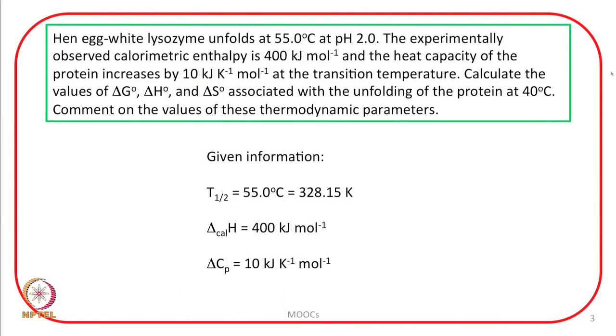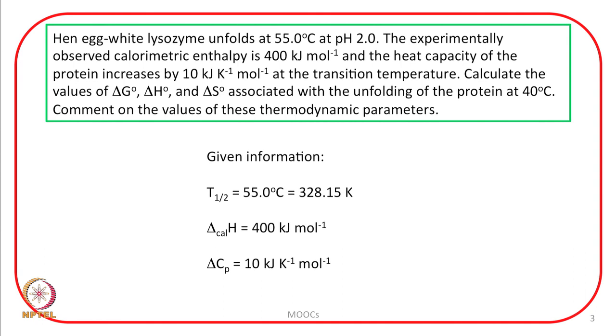The given information, we will look at this slide. T half is given as 55 degrees centigrade, that is the temperature where transition is half complete, which is 328.15 Kelvin. Calorimetric enthalpy is given as 400 kilojoules per mole and delta Cp is given as 10 kilojoules per Kelvin per mole.